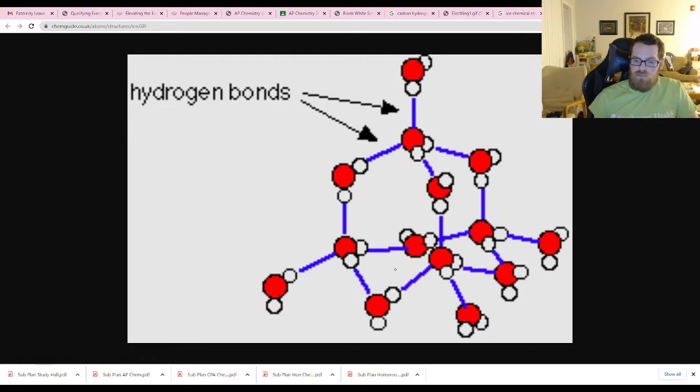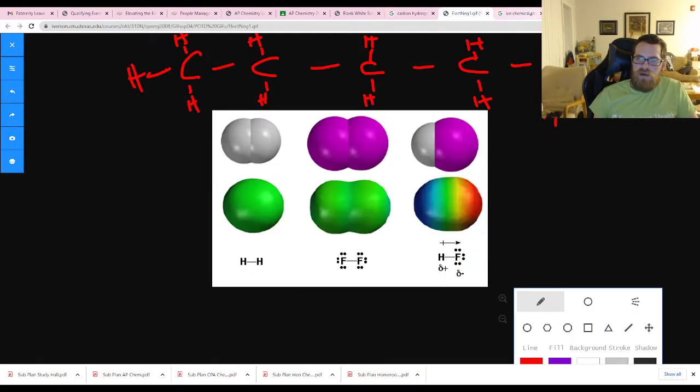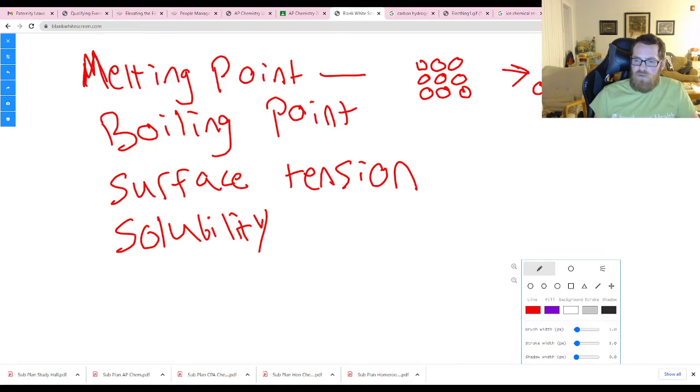So it's kind of like overcoming that as well. To melt water, you need to overcome that force and allow it to be free-flowing. But once we get to boiling, they are still held close together by hydrogen bonding.